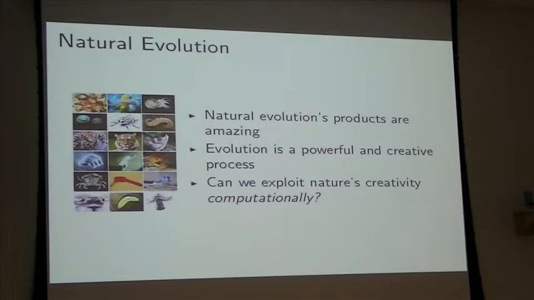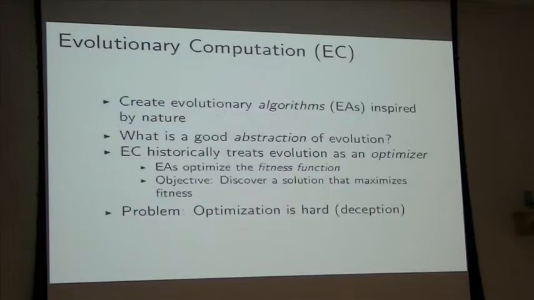So one question that drives my research is, can we exploit nature's creativity computationally? This is a natural fit with the ideas of evolutionary computation, where researchers create evolutionary algorithms that are inspired by nature. And one really interesting question that this brings up when you're trying to create an algorithm is, what is a good abstraction of evolution?